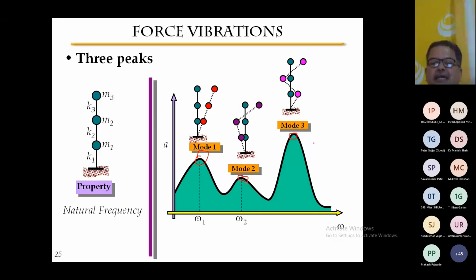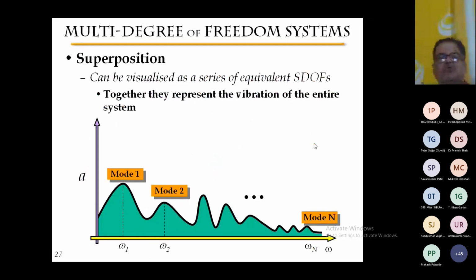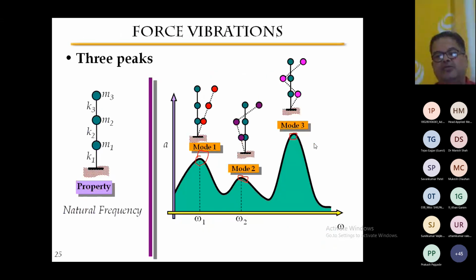If the earthquake contains 20 hertz frequency, then the response in the third mode will be higher. If the frequency is lower, then it may vibrate in the first mode, right? It depends. So we have to check in which mode we will get the higher response.